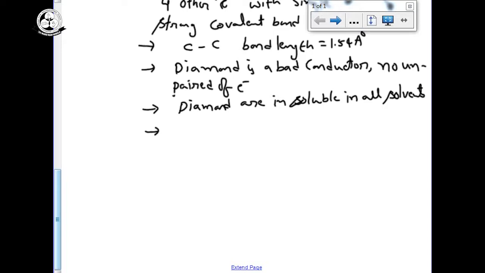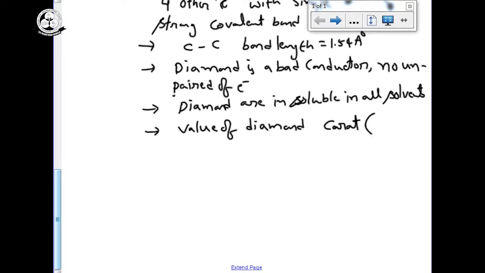We mostly use diamond in jewelry. In jewelry, the value of the diamond can be expressed in terms of a mass unit, which is called the carat.